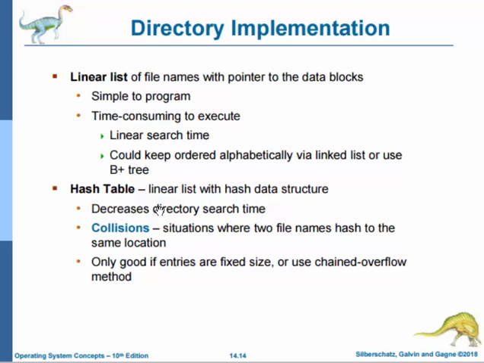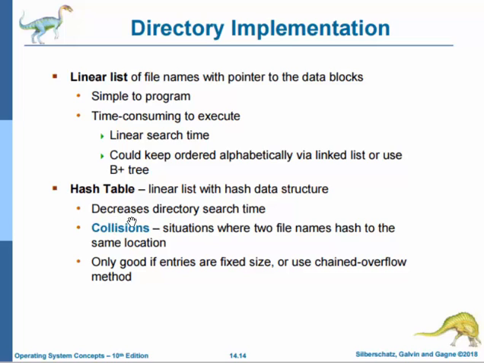Now, another data structure used for a file directory is the hash table. And here, a linear list stores the directory entries, but a hash data structure is also used. The hash table takes a value computed from the file name and returns a pointer to the file name in the linear list.